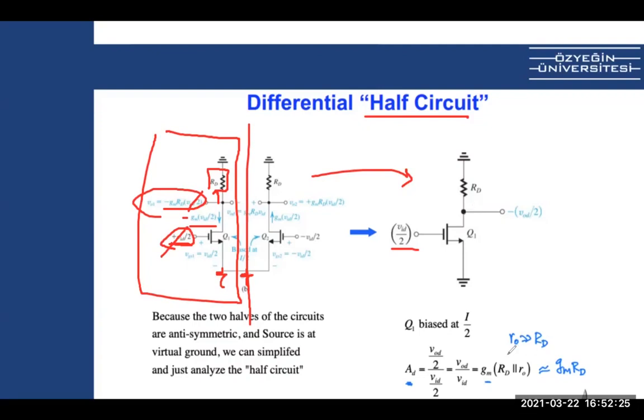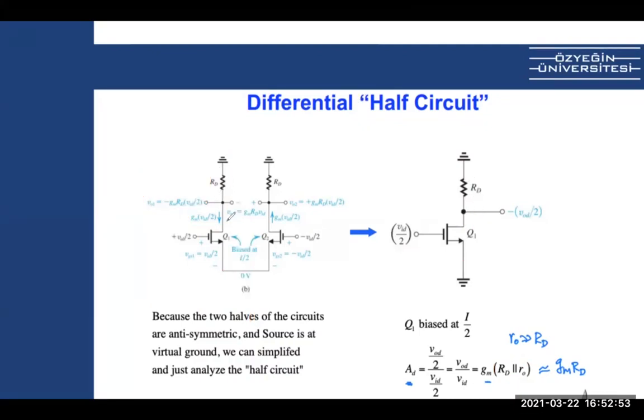Well, of course, it also includes the R0. If we have early channel length modulation, we'll have an R0 here. So drawing the small signal, of course, this GM current, the AC current here, will flow both to this and to this, right? So these will be in parallel. So RD, R0, okay? So maybe I can draw it here nicely.